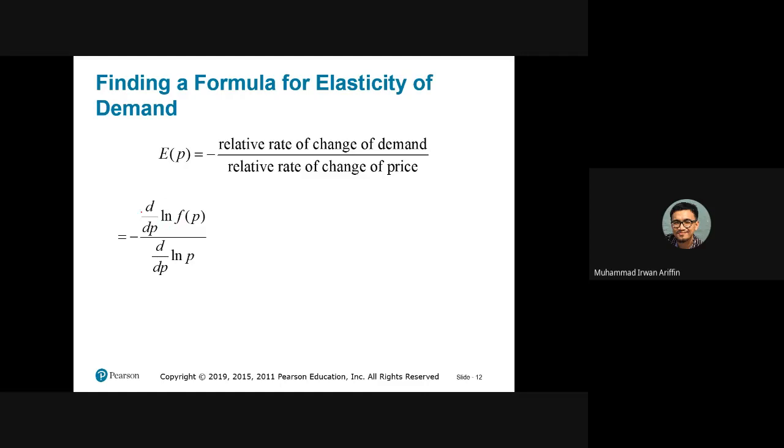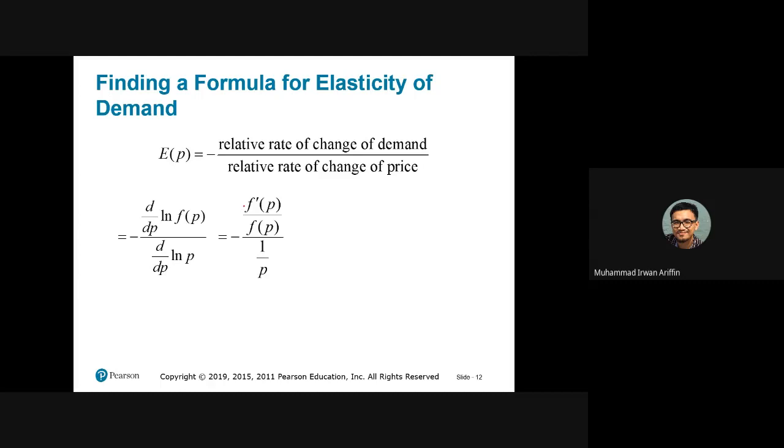So this is what we have defined, the relative rate of change. Here we find the derivative of the demand function itself, and here we find the derivative of the price itself: how much would demand change divided by how much the price has changed.